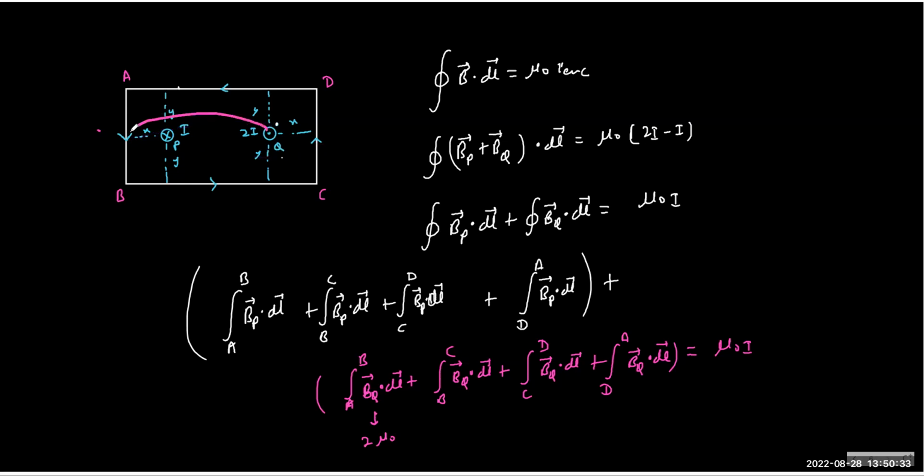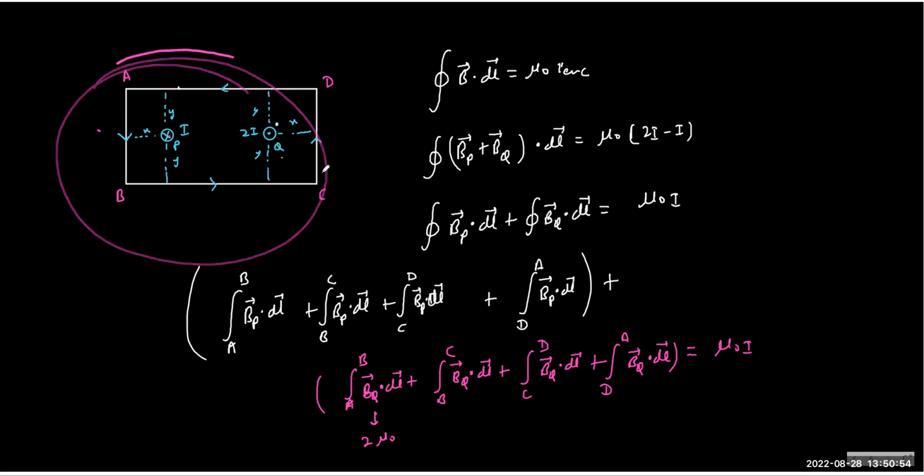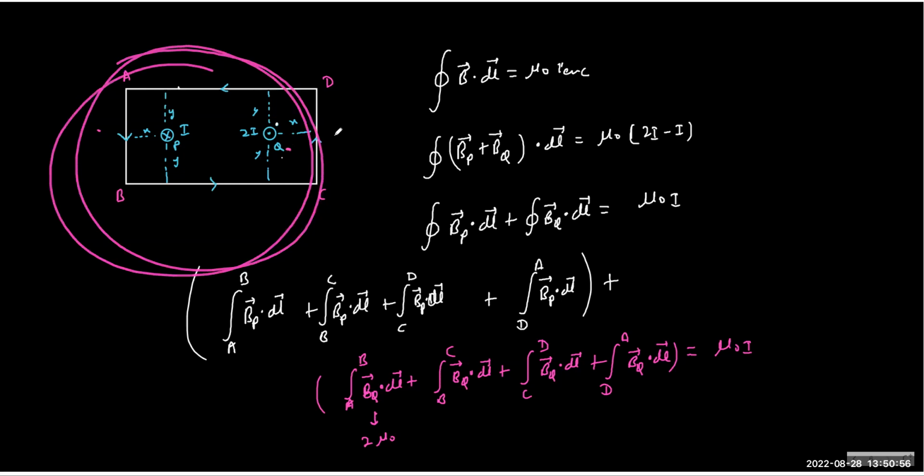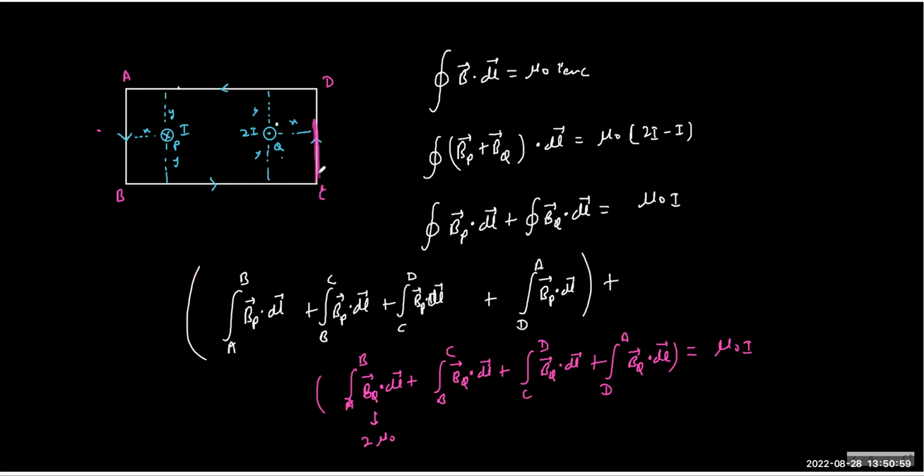So if this is creating 2 mu naught here, this will create mu naught, plus or minus. The field will be opposite to the direction of C to D, right? Yes, sir. So it will be minus. I initially said minus. Oh, you said minus. Sorry, I didn't hear.